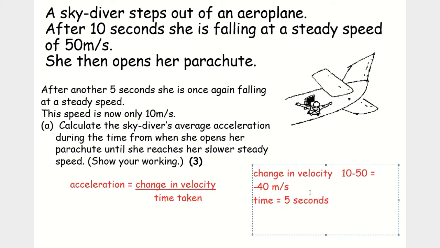Applying our equation, acceleration is change of velocity, which we've written down as minus 40, divided by the time taken, which is 5. That gives us an acceleration of minus 8, because 8 fives are 40, meters per second squared.